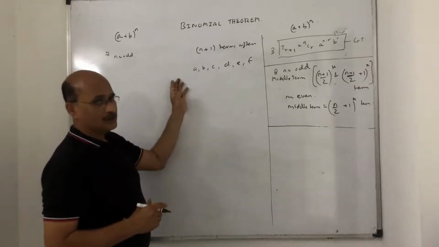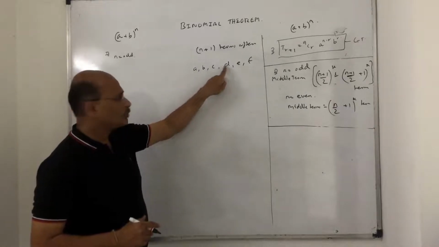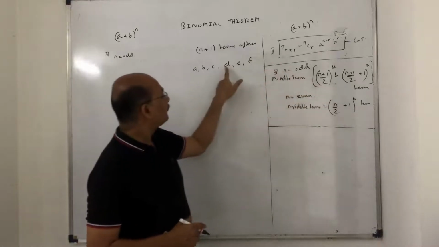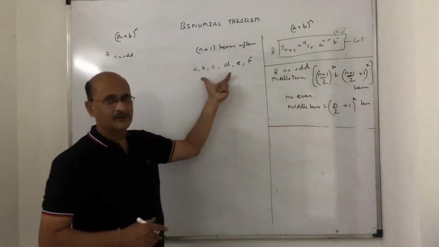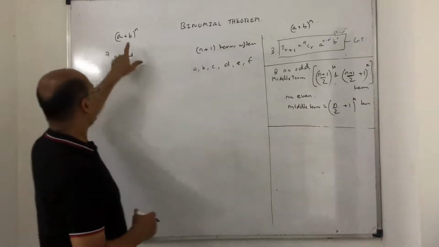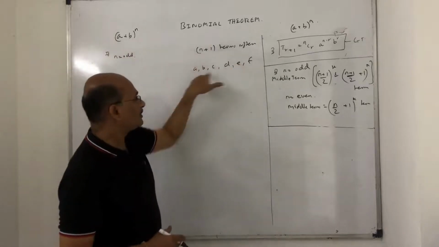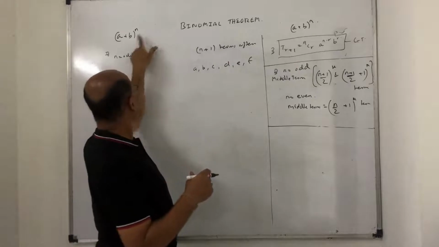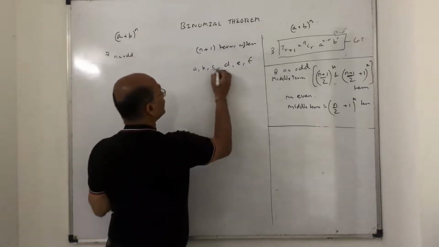So there will be two middle terms. If you look, the middle terms are the third term and the fourth term. So for the third term, this is the formula, and for the fourth term, this is the formula. In this example, it is raised to 5, right? So 5 plus 1, 6 terms. So 6 terms means there is no single middle term. So remember, if n is odd, then you have 2 middle terms, that is the third and fourth, if in case this is 5.